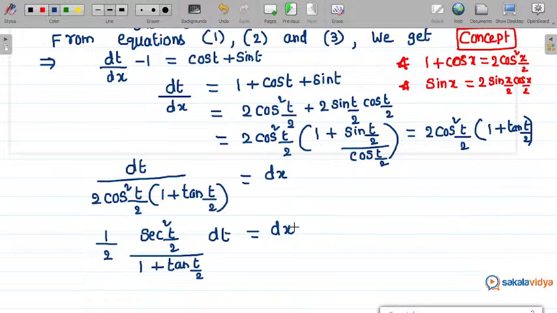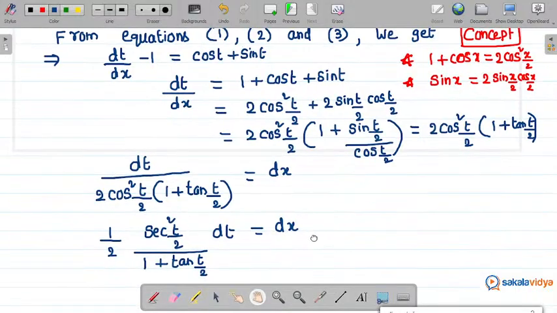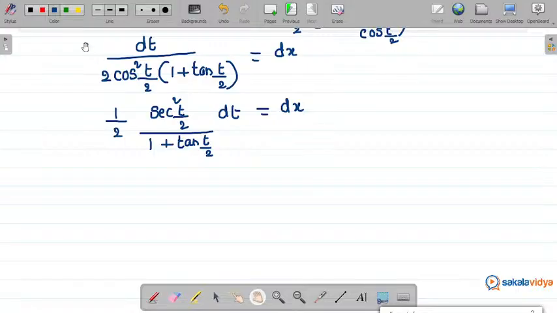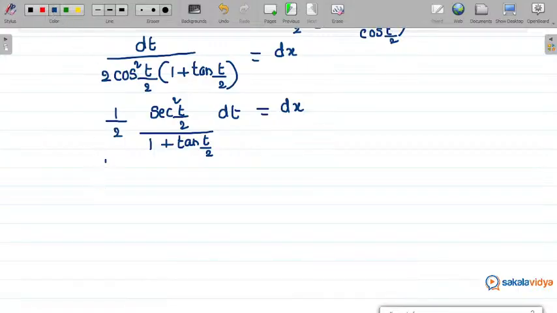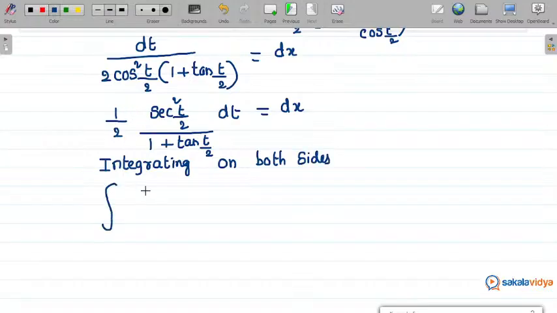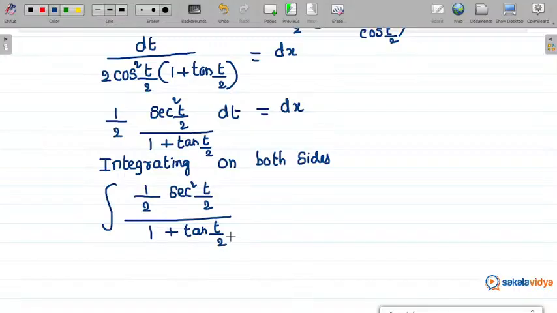Now integrating on both sides. For our convenience, the integral of secant square t by 2 divided by 1 plus tan t by 2 dt is equal to the integral of dx.